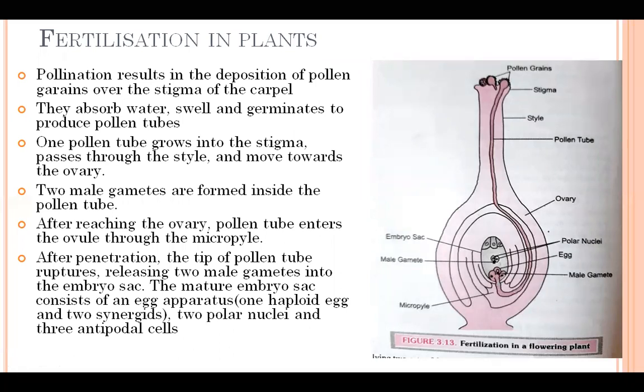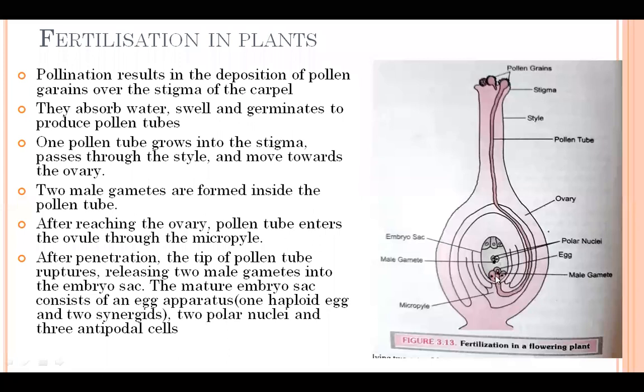Now we have 2 male gametes in the embryo sac. Out of those, 1 male gamete will fuse with the egg cell, which is present at the base. Clear? This process is called syngamy.